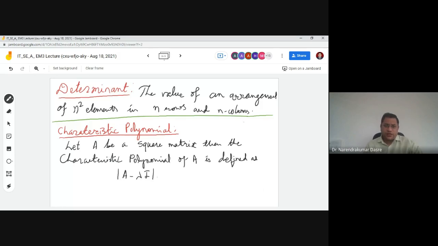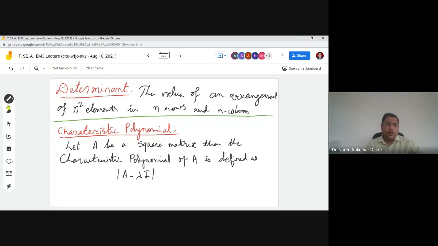I consider the determinant of A minus lambda I, and whatever polynomial I get is called the characteristic polynomial.